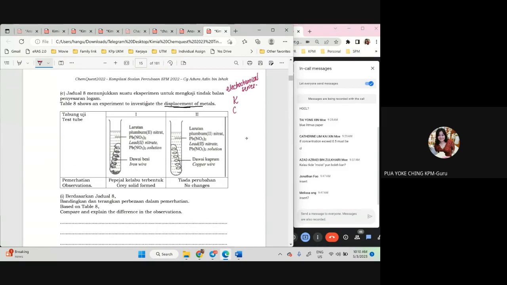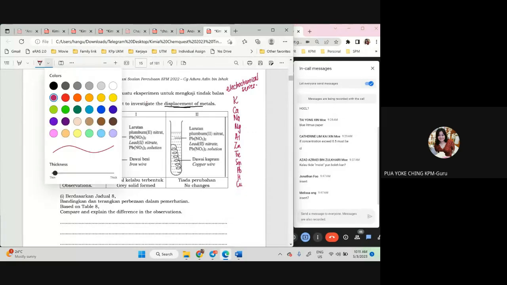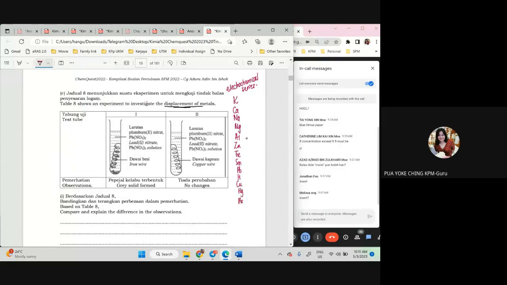Okay, kalau Ca, Na, Mg, Al, Zn, Fe, Sn, Pb, H, Cu, Hg, Ag, Au. Atas more electropositive. Atas displace bawah.